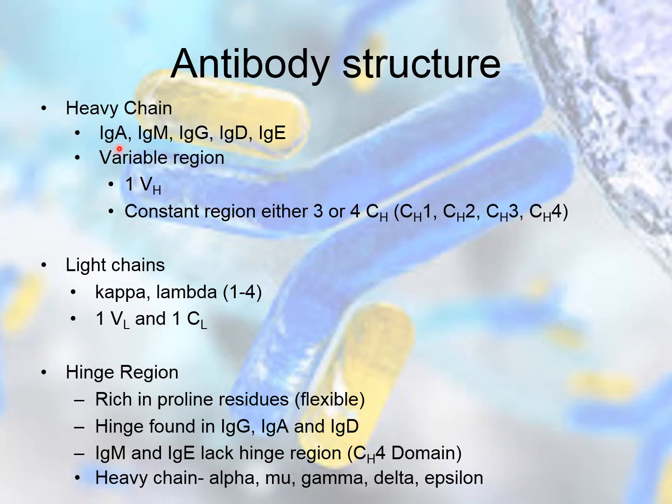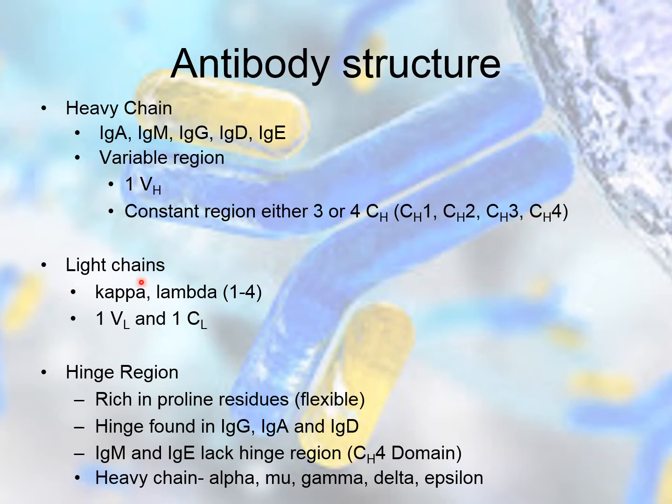An immunoglobulin A, or antibody A, is composed of alpha heavy chain, IgM is composed of mu heavy chain, IgG is composed of gamma heavy chain, IgD is composed of delta heavy chain, and IgE is composed of epsilon heavy chain. As we have seen earlier, a heavy chain is composed of one variable region called VH and three or four constant regions which are named CH1, CH2, CH3 and CH4.